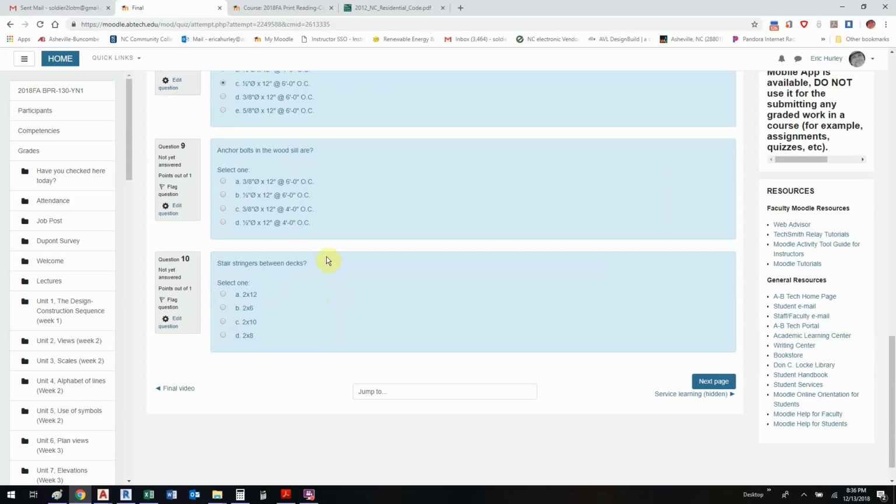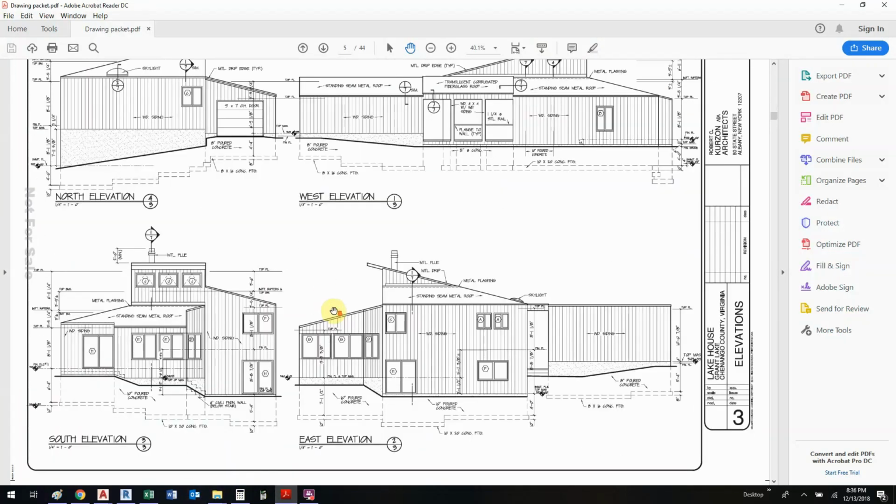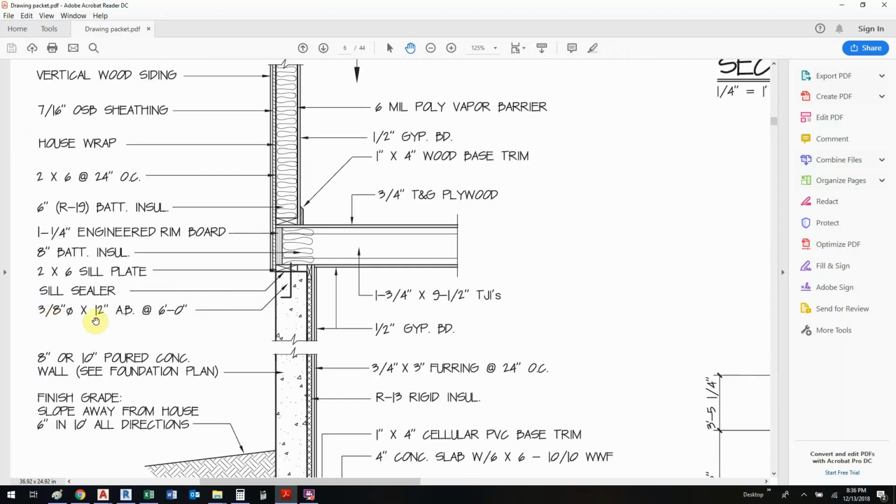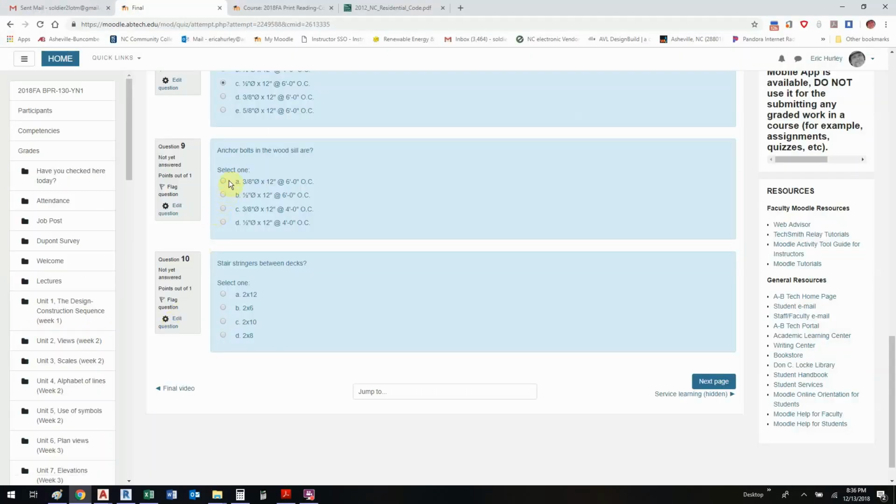Okay, anchor bolts in the wood sill are, and I apologize here because this question is talking about the plans. So if we go over to the plans and look at the anchor bolt here, we'll see a 3/8 by 12 inch anchor bolt at 6 foot on center. So that is the one here.